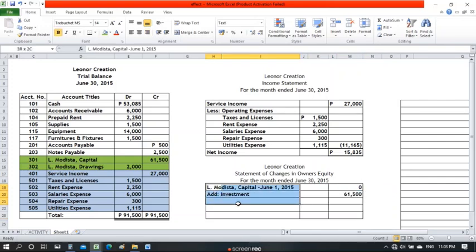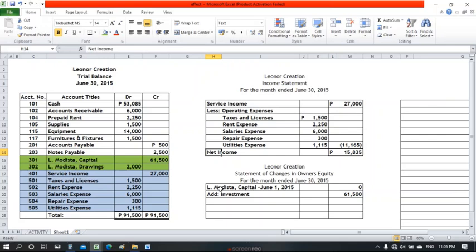Ganito yung mismong format niya, so hindi na siya dapat magkakabali-baliktad. All you need to do is to memorize the arrangement of the format and prepare. Okay, still under the addition section of the statement of changes in owner's equity. So if the result from the income statement is net income, you include it in the addition section.